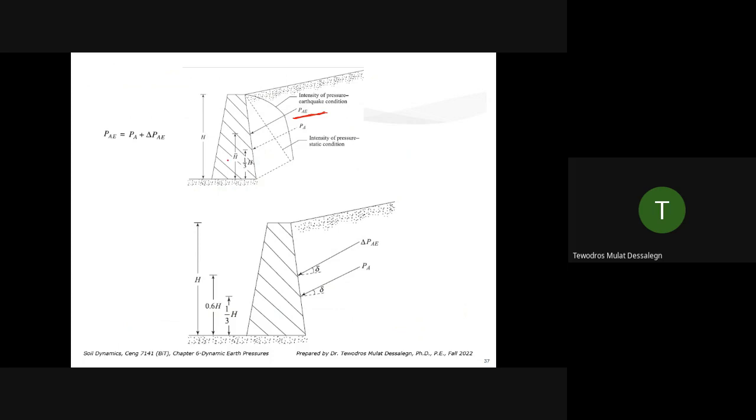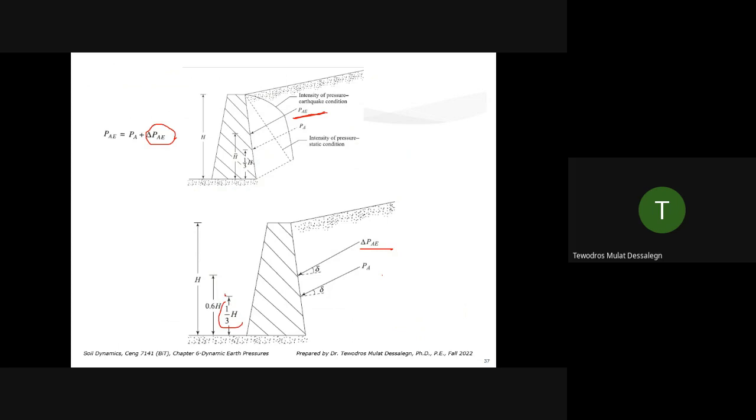The total thrust is acting at h distance. We don't know that h. But the change, the dynamic one, acts at 0.6 H. The static one acts at 1/3 H.